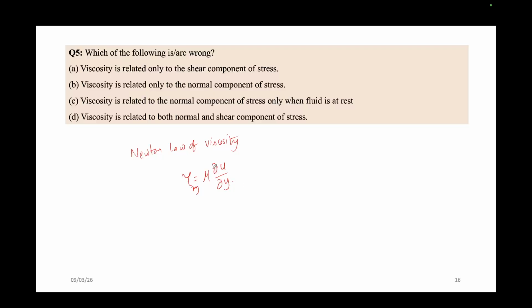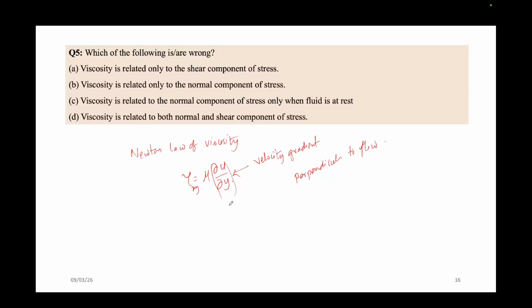So this one is your velocity gradient perpendicular to flow.